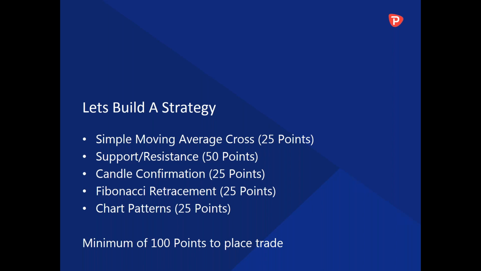You give that the most amount of points, so you always have to have that, and then you build in other confirmations around that to have as many reasons to get in the trade as possible. And it can be really frustrating because sometimes you'll see a trade and you'll go, oh, I got 75 of 100, I can take it. But when you have these points, you know that to get your results consistent and therefore become a successful trader, we need to follow systems that we can replicate to bigger amounts.